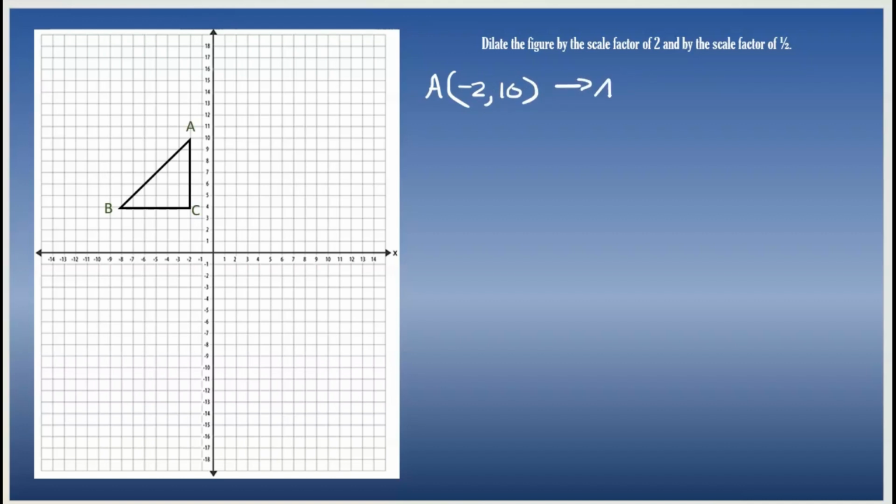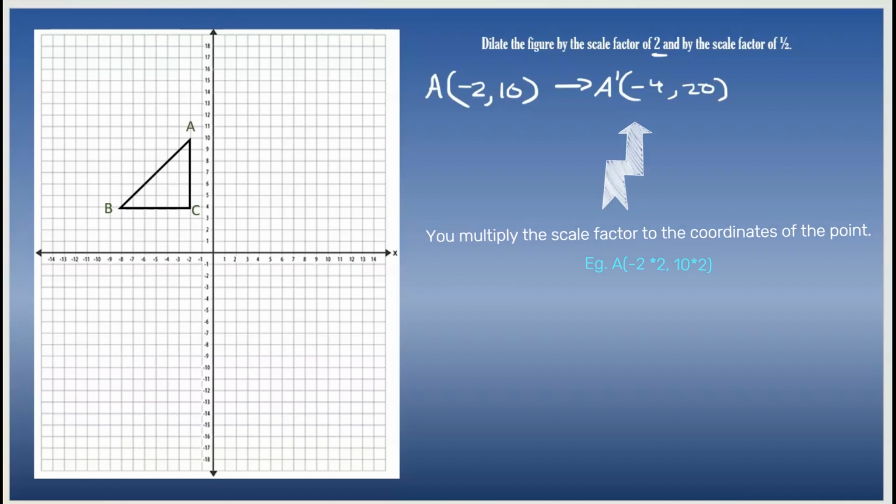And then A prime would be, so it's by a scale factor of 2, right? So it would be negative 4, comma 20. By the scale factor of 2.